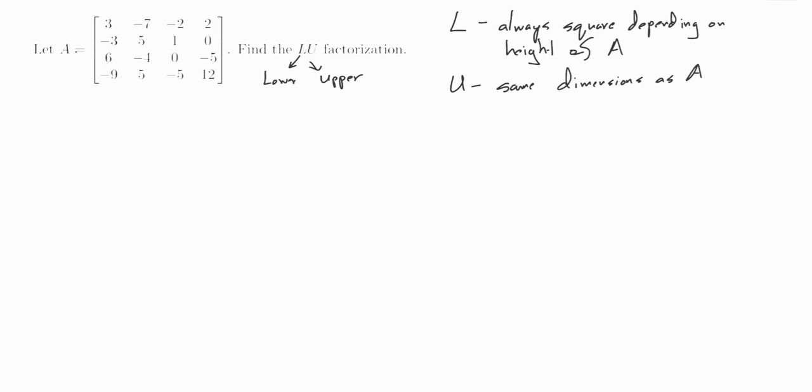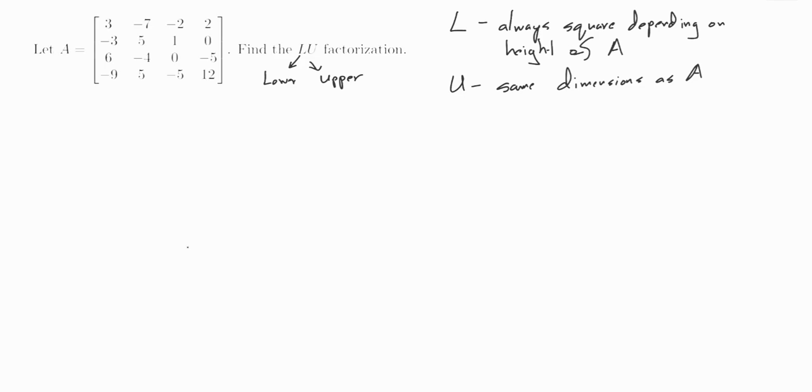All right, let's get into our process here. Now, again, remember that L is going to be a square 4 by 4 matrix. It's also lower triangular. In the case of this process, it's going to be lower triangular, where there's going to be ones on all of the main diagonal values.